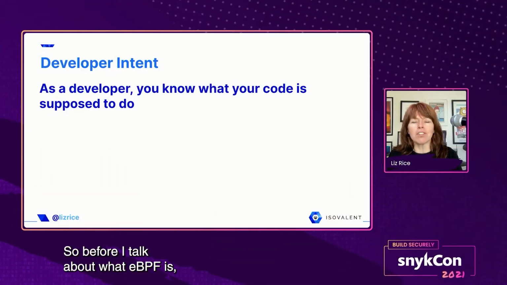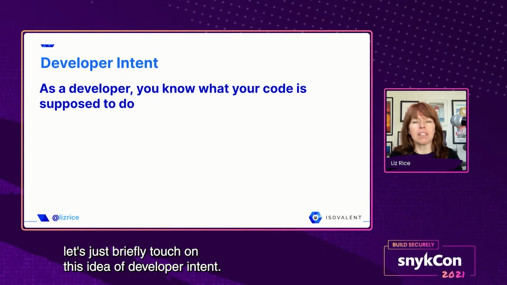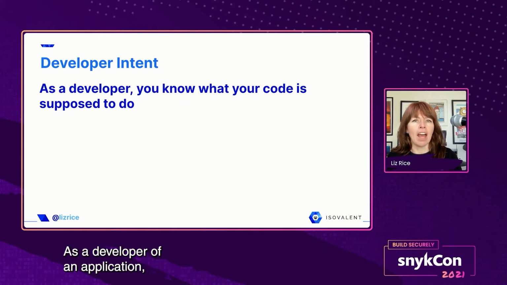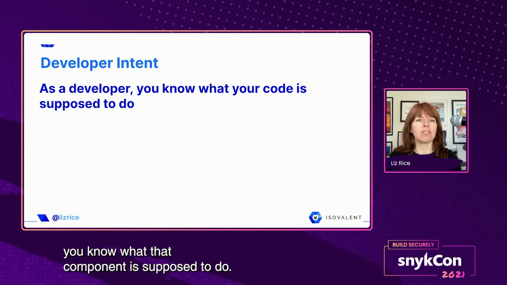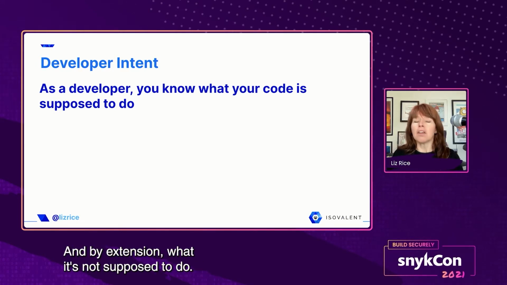So before I talk about what eBPF is, let's just briefly touch on this idea of developer intent. As a developer of an application, it stands to reason that if you're working on a particular component, you know what that component is supposed to do, and by extension, what it's not supposed to do.